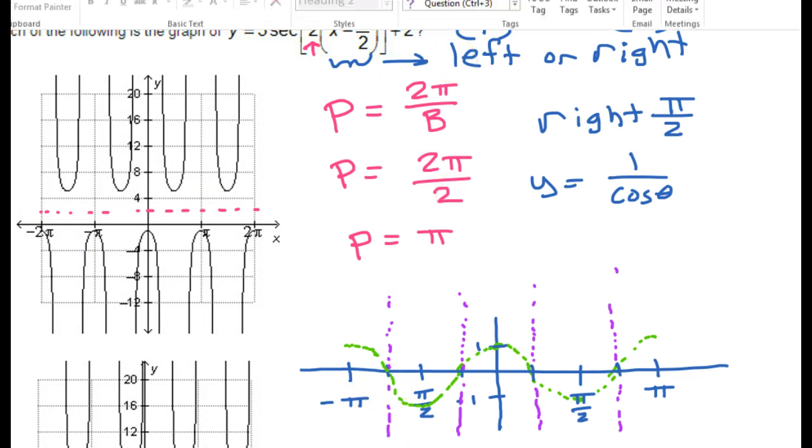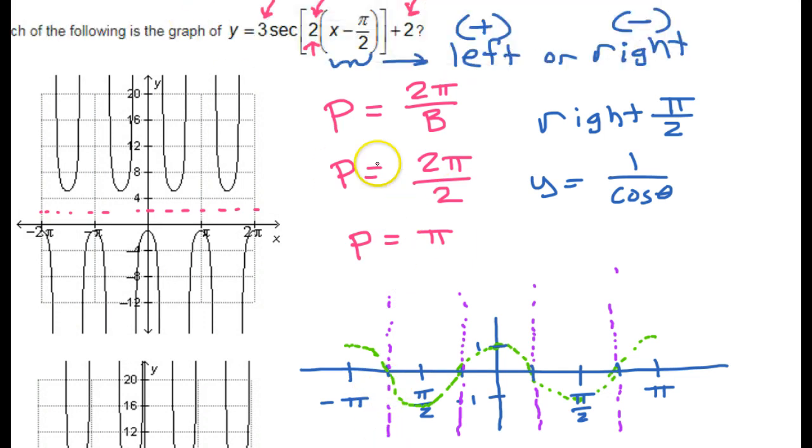Alright, now we're ready to graph the actual secant function. Because the secant function touches the tops of these hills and the bottoms of these dips. So I'm going to have a little loop of the secant function here.